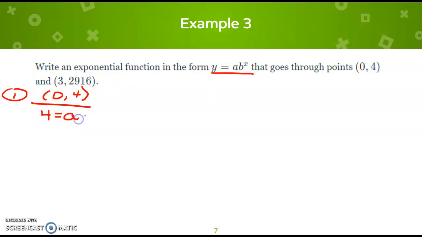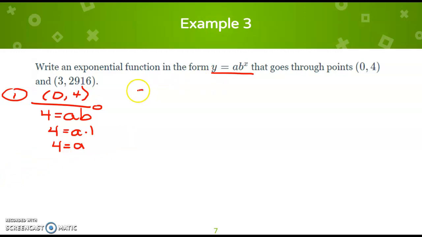I don't know what A is, I don't know what B is, but I do know my x is 0. Anything raised to the 0 power is just 1. That's one of my exponent rules. 1 times A is just A. So A equals 4.